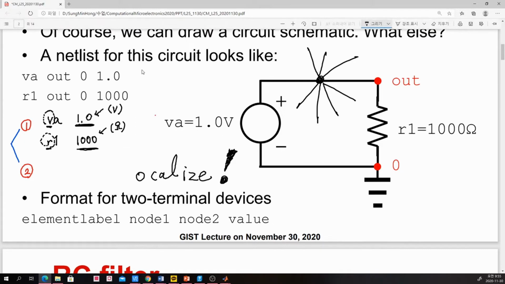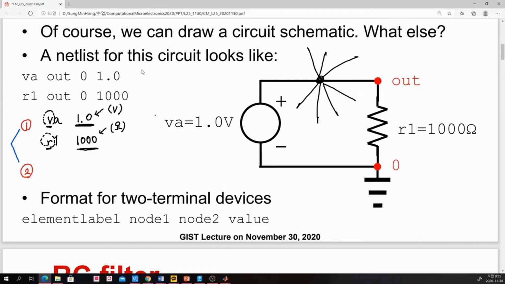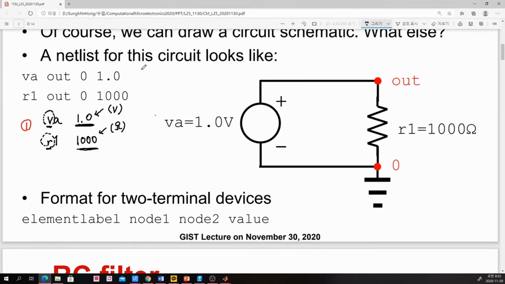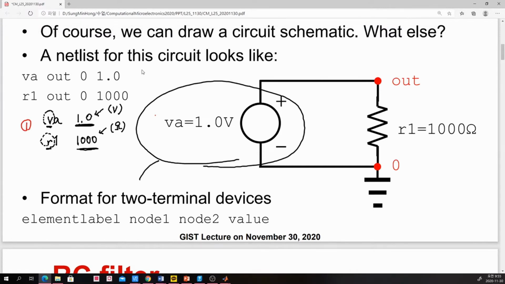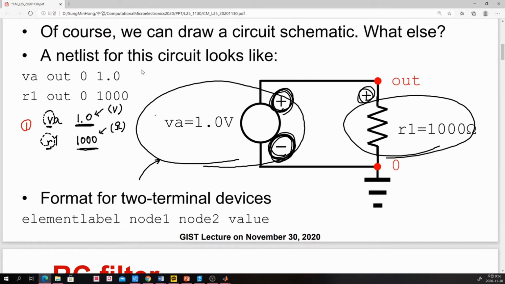So that is the reason why I think that this approach is quite bad. Then how can you localize this information or this description? Simply attach to our element description that it has a positive terminal and a negative terminal.